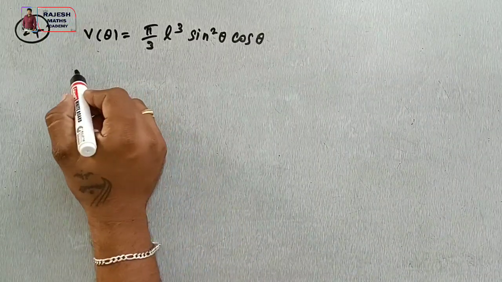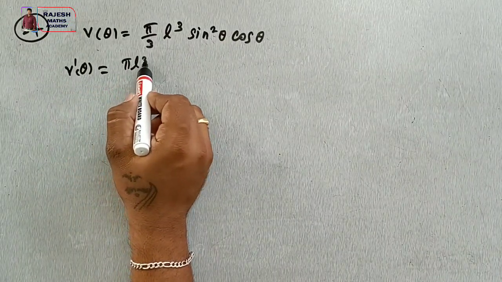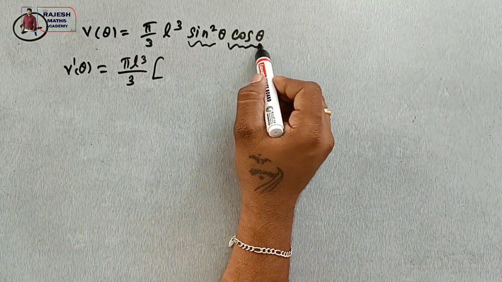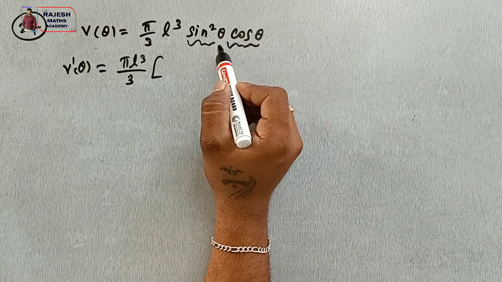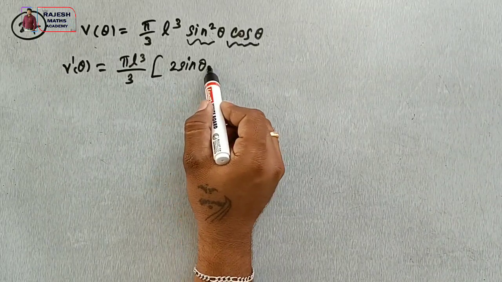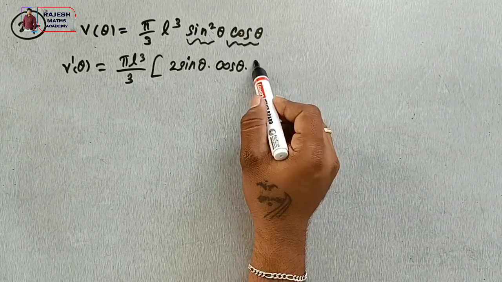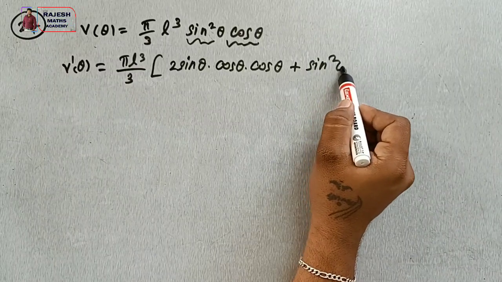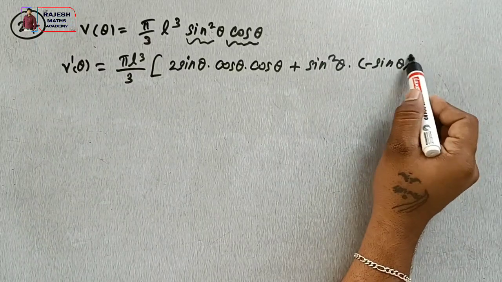Now differentiate this. We will get V dash of theta equal to pi L cube by 3, which is constant. It has two functions in multiplication, so we will differentiate by using the UV rule. Differentiation of sin square theta equal to 2 sin theta into differentiation of sin theta, which is cos theta, then the second function cos theta, plus the second function sin square theta as it is into differentiation of cos theta, which is minus sin theta.